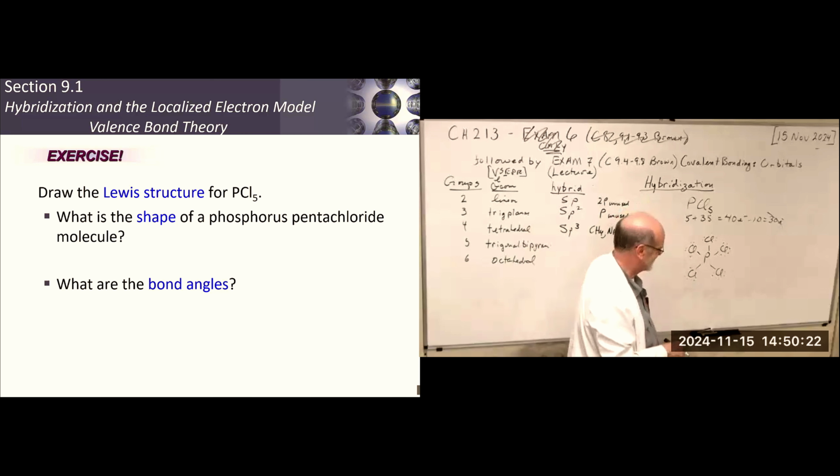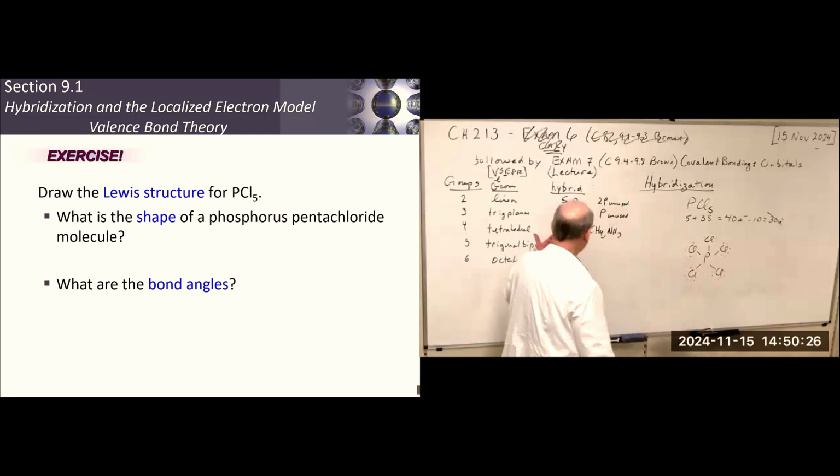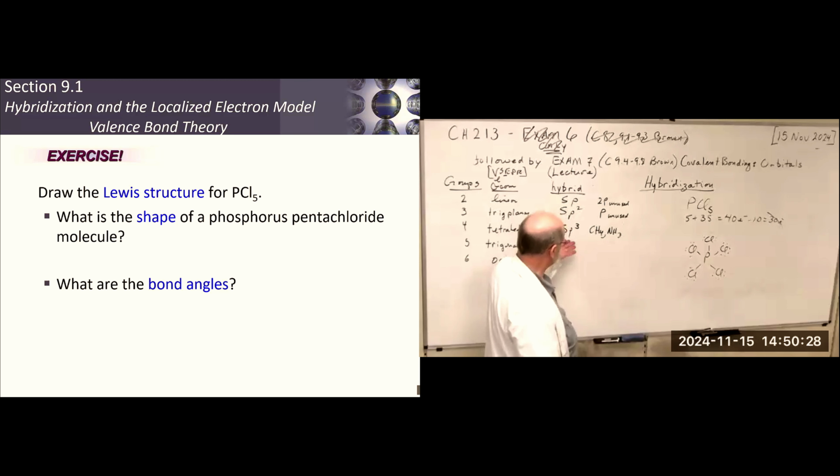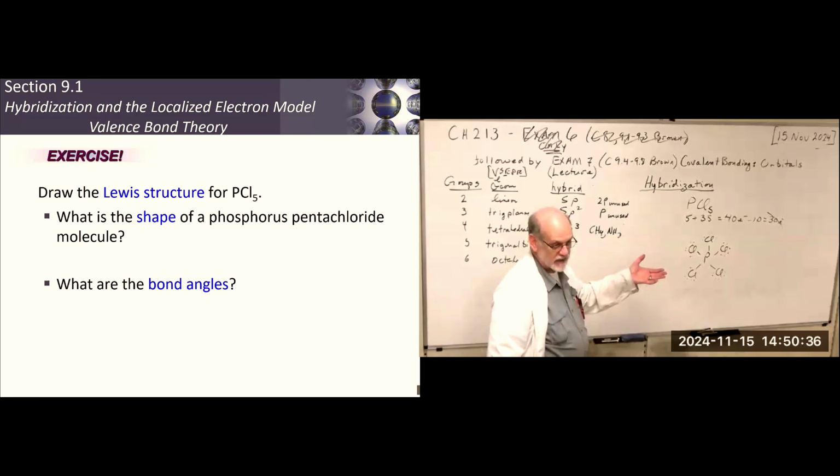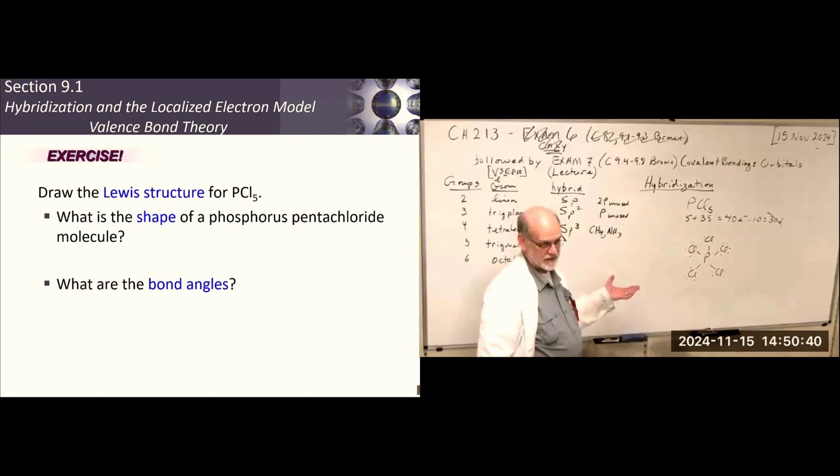All right. So if we tried to hybridize S and P's, we can only get 4 groups out of SP. So how do we hybridize to get 5 equal orbitals? We have to go to the D's.